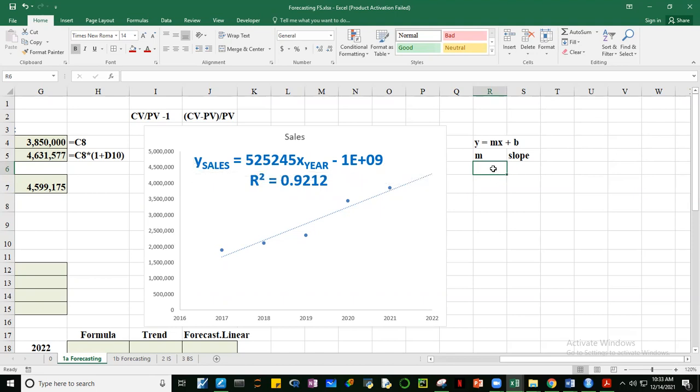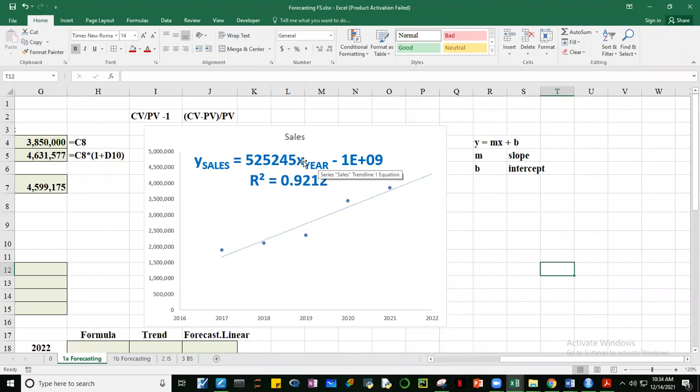Tapos meron naman yung B, guys, itong negative na to, that's your intercept. So what does this mean? Itong negative na to, -1, and then 9 numbers pa ang kasunod niya, yung plus 0.09. Although hindi natin nakikita dito kung ano yung number na to, it's the value of your sales when your X is 0. So anong ibig sabihin nun?